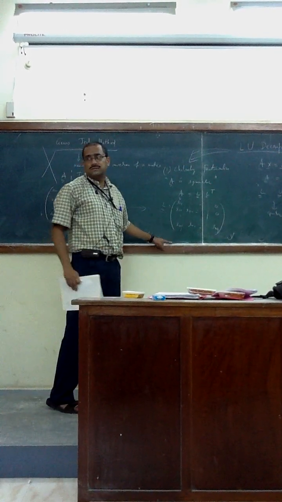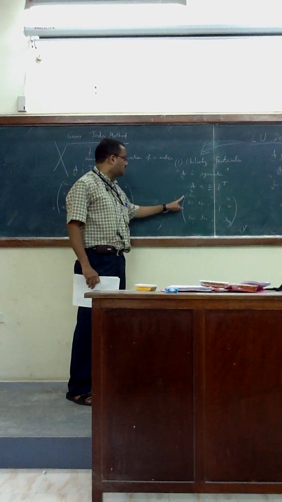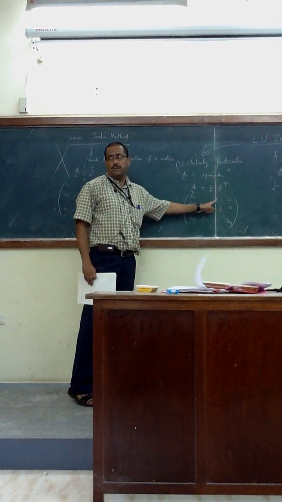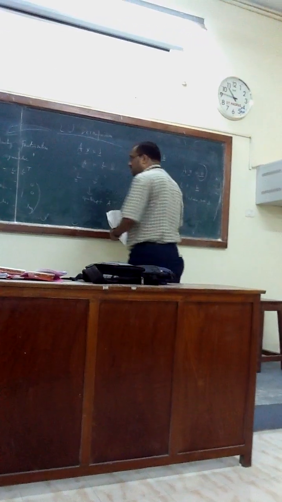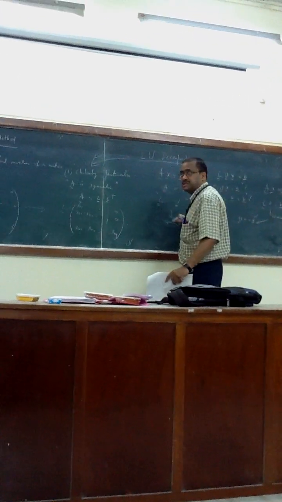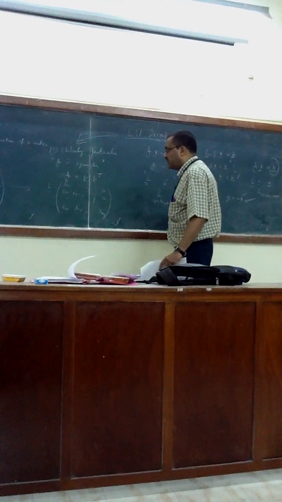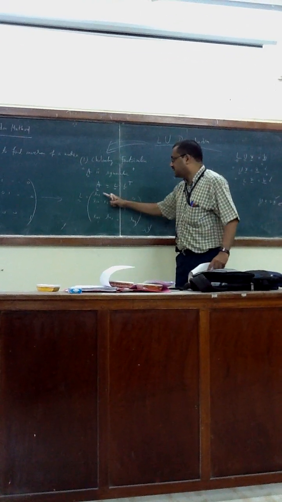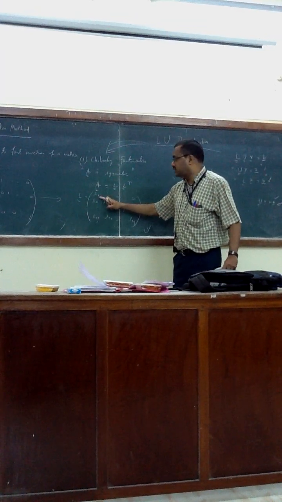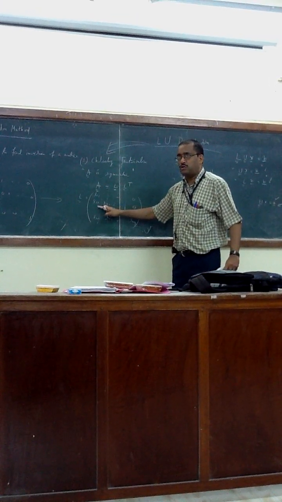These are the factors. And the U matrix will have A11, A12 and all those things. That means the U matrix has all the entries in the first row, and the L matrix has all the entries in the first column, so this will be equal to A11, A12, A1n.